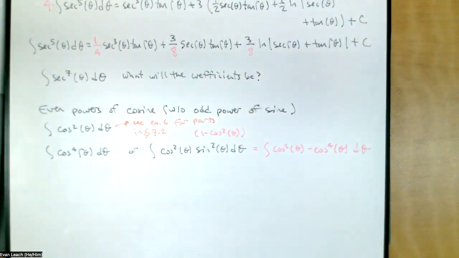This is an example done in example 6 of 7.2 using parts to integrate cosine squared. It does involve this cosine squared showing up in your secondary and then gathering it.